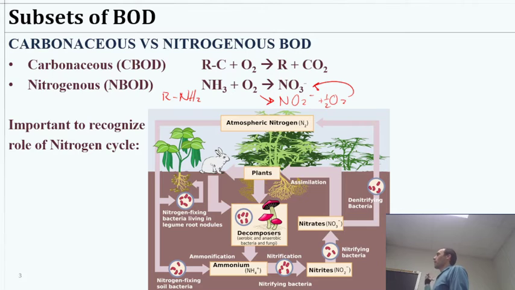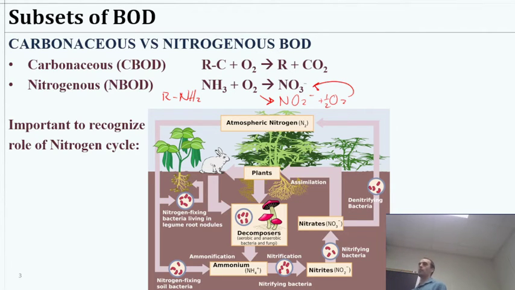So ultimately what's going on here is we are taking oxygen in order to oxidize this amine group, whether that's ammonia or whatever. So the reason bacteria will do this is the same reason that they'll do it with CO2. It's an energy source, right? The reaction of oxygen with ammonia is like reacting some reduced form of carbon with oxygen.